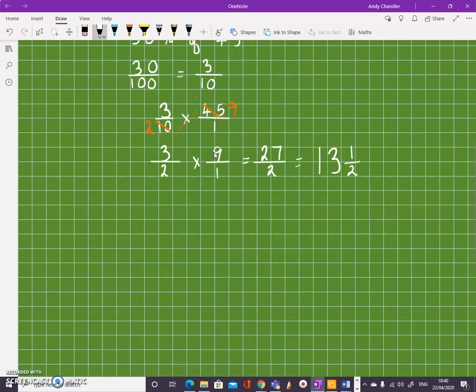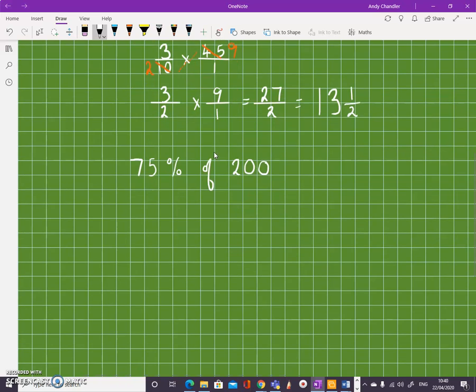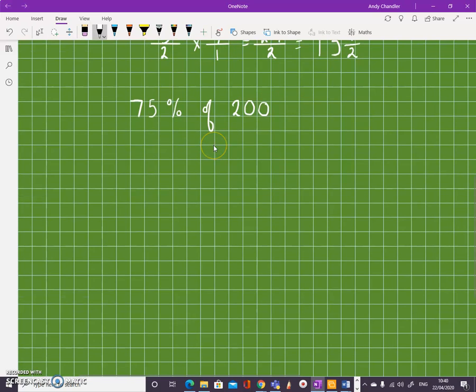Final example, if I go for 75% of 200, I'll turn my 75% into a fraction. 75 over 100.